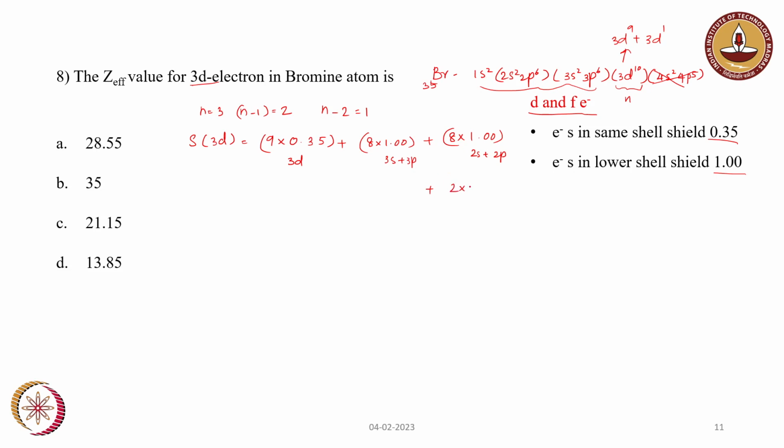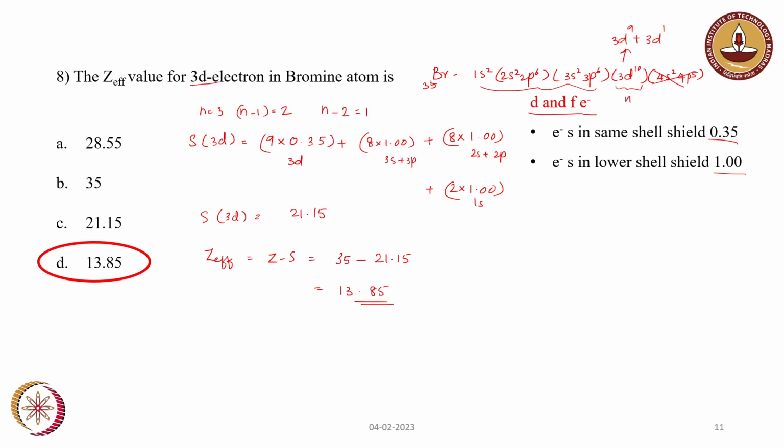So 2 into 1 for 1s. So screening constant for 3d will be a total of 21.15, and Z effective is Z minus S, that is 35 minus 21.15 equal to 13.85. So option D is the answer.